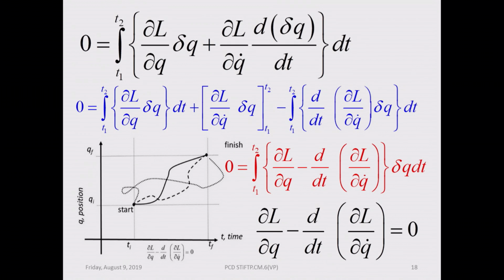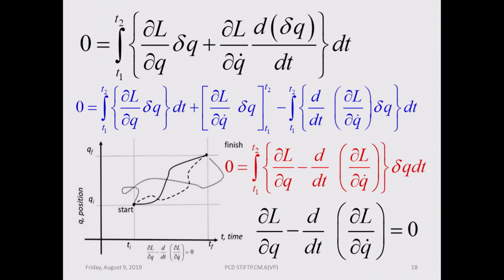Del L by del Q is del by del Q of T minus V. Okay, T does not depend on Q. So it is del V by del Q, but there is a minus sign behind it. And what is the negative change of potential? It is the force. So you get the force out of it. And if this equation is to hold, then the first term must be equal to the second because the difference vanishes.